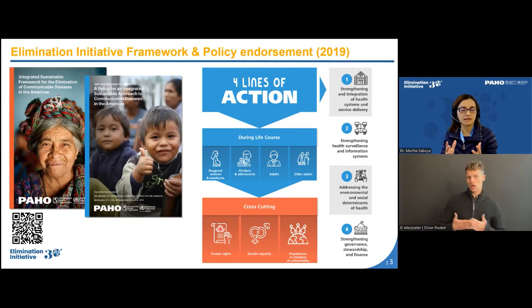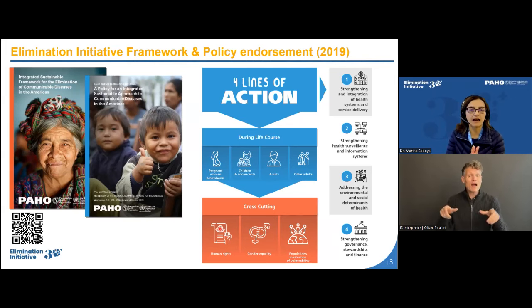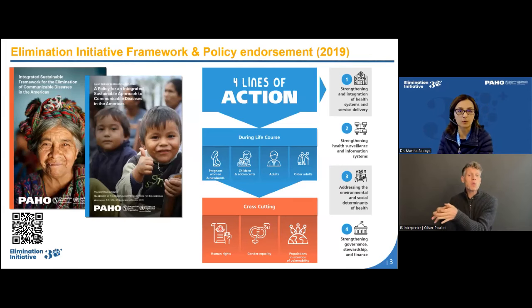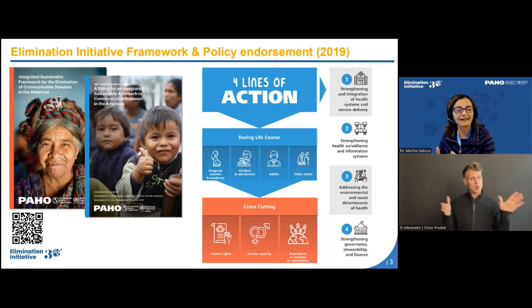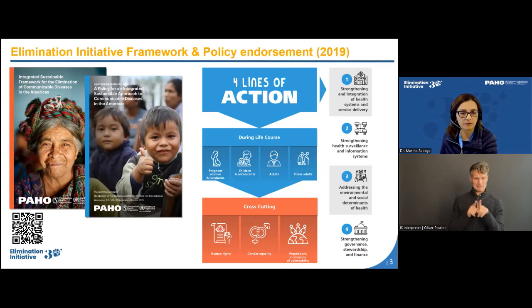It doesn't mean that we are going to leave behind the specific disease approaches. The framework is proposing that we continue doing that, but now focusing the attention on these cross-cutting areas that are common and are needed to accelerate the efforts country by country and in the region to achieve the elimination targets.